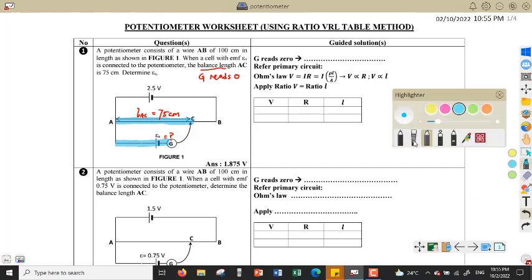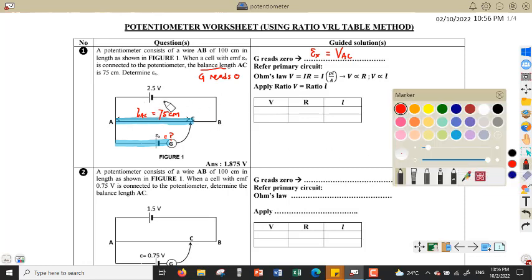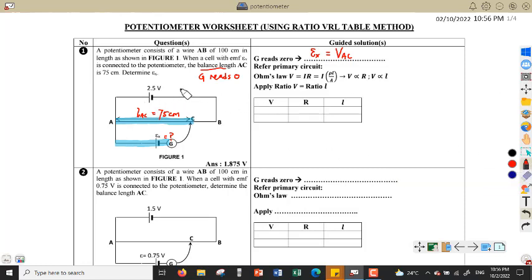So EX will be equal to V across AC. So we try to calculate the voltage across the balance length AC using the primary circuit.